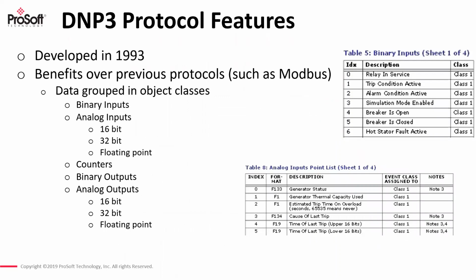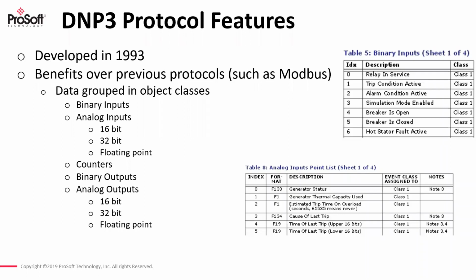In 1993, the DNP3 protocol was released, and this had benefits over other protocols such as Modbus, where you were actually allowed to group data by various object classes. So you had data objects such as binary inputs, analog inputs, counters, and binary outputs.